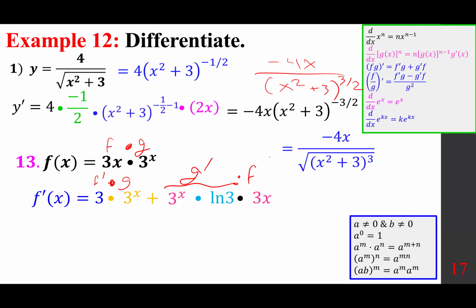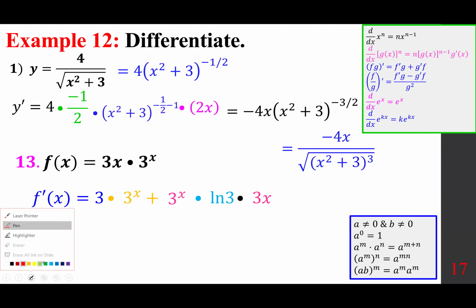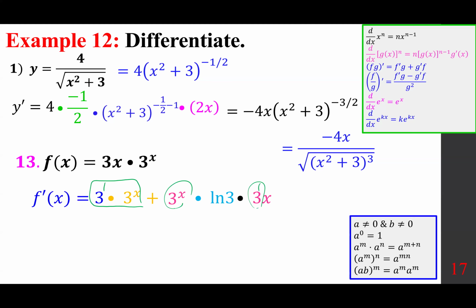Now, notice, let me erase my board. I want to show you something. This is 3 to the power of 1. So it makes this one 3 to the power of 1 plus x, or x plus 1. This is also 3 to the power of 1. This one and this one give you the same thing.